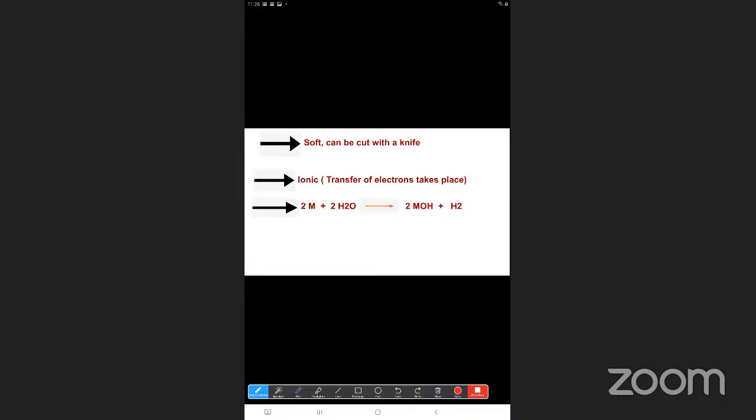So these 1A group elements have the valency of only 1. So they transfer 1 electron to the other element to become stable like noble gas elements. To understand that, we'll discuss it later. So remember that these 1A group elements are ionic in nature.